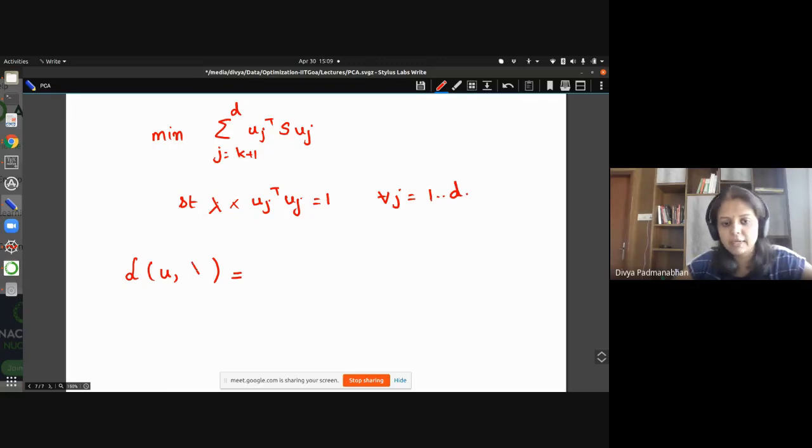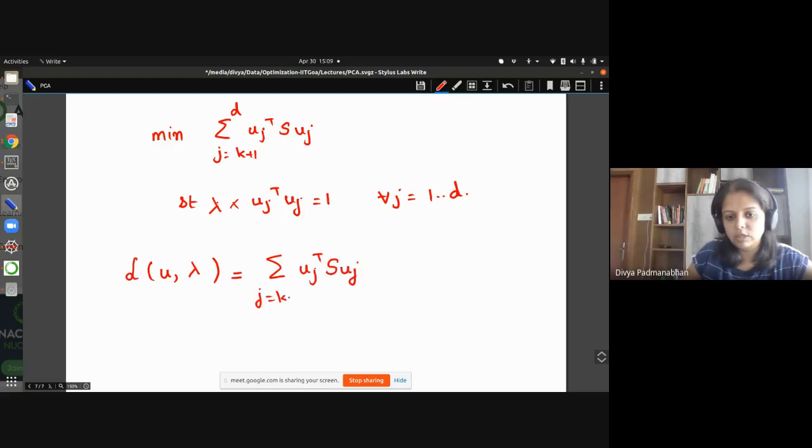So the Lagrangian with respect to u and lambda is the summation of uj transpose S uj, for j equals k plus 1 to d, plus the summation over j equals 1 to d of lambda j times uj transpose uj minus 1.